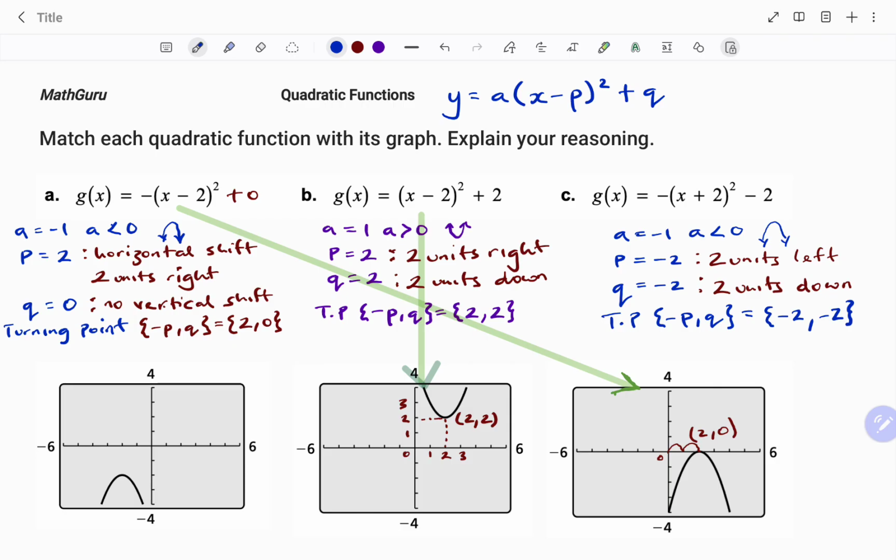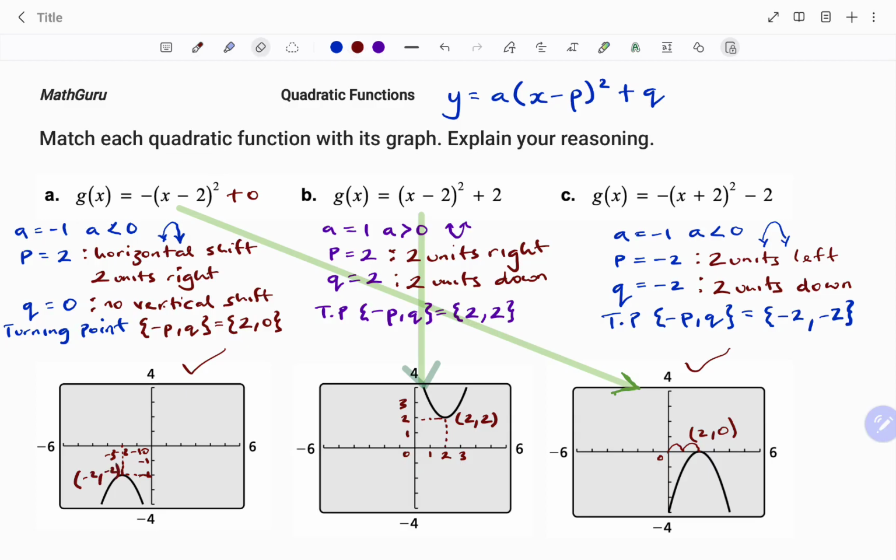Note that the graph can either be the first graph or the last graph because there's a sad face, but I'm going to do a double check with my first graph. I have my origin 0, -1, -2, -3, therefore it is sitting on the -2 value of my x-axis. And if I go to my y-axis, it's also sitting on the -2 of my y-axis. So my turning point here is -2, -2.